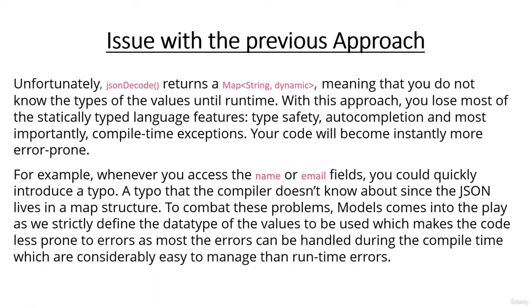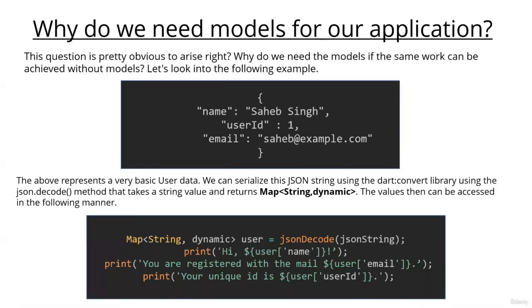So now let's study what the issue is with this approach. Unfortunately, jsonDecode returns a map, which means that you do not know the type of the values until runtime. Here, we do not know that user ID is an integer until we print it and see whether it shows any error.